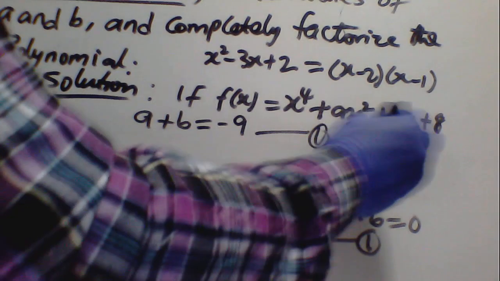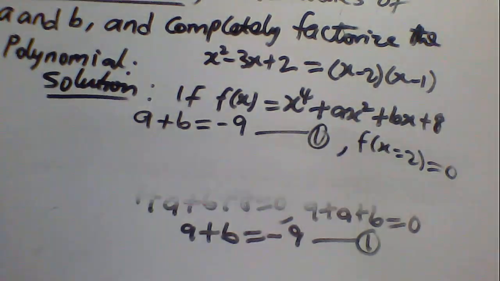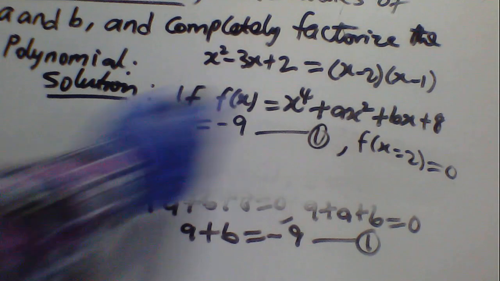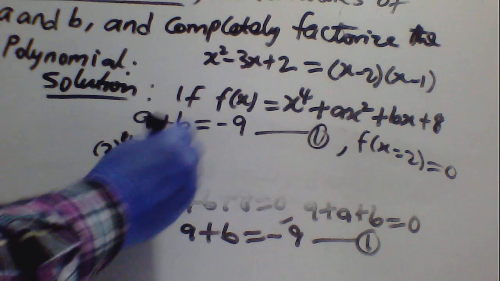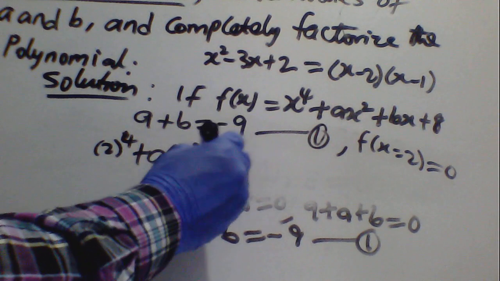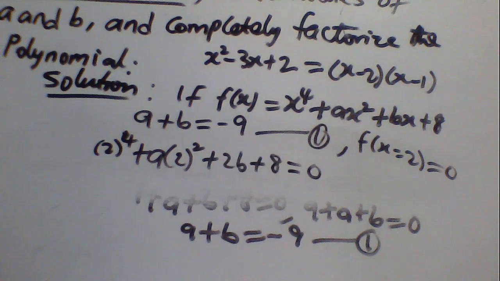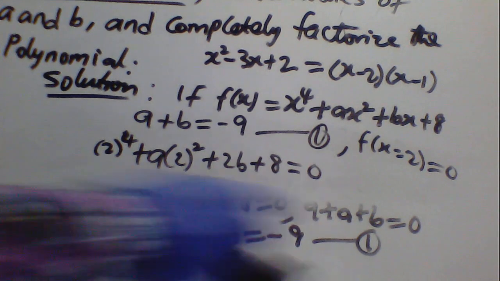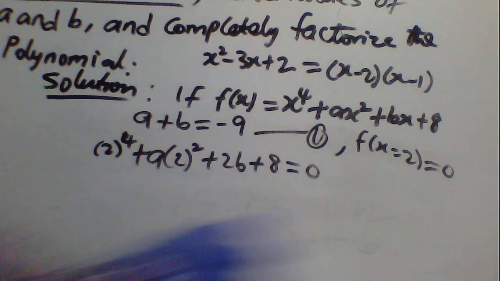So if f(2) equals 0, let's substitute it and solve it. From here we have 2 raised to the power 4 plus a in bracket 2 raised to the power 2 plus 2 times b plus 8 equals 0, if actually that is a factor of the given quartic expression.